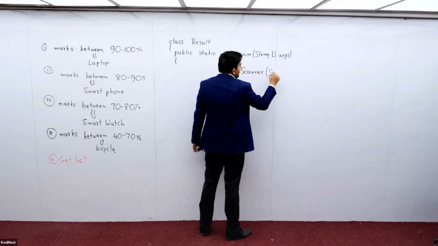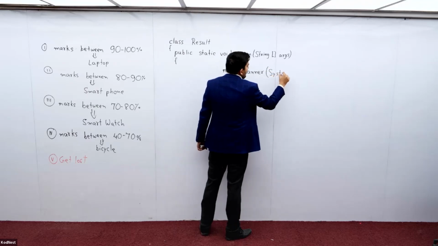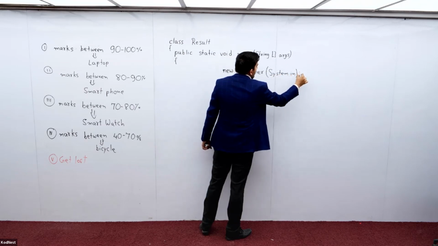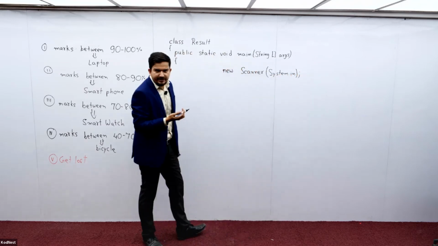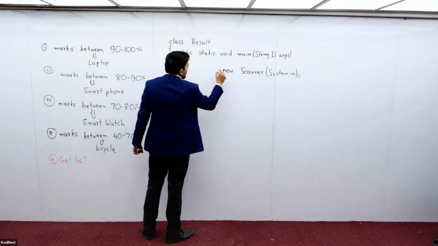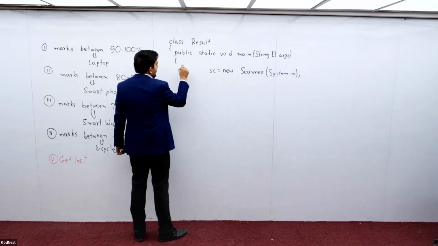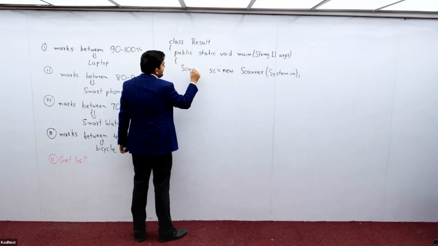Since we are taking the input from the keyboard, we are also going to say system.in. The object of the scanner will be created, and the address will be thrown. We must store the address in a reference variable. Maybe I'll call the reference variable sc. The type of my reference variable must be the type of object we are creating, and that type is nothing but scanner.